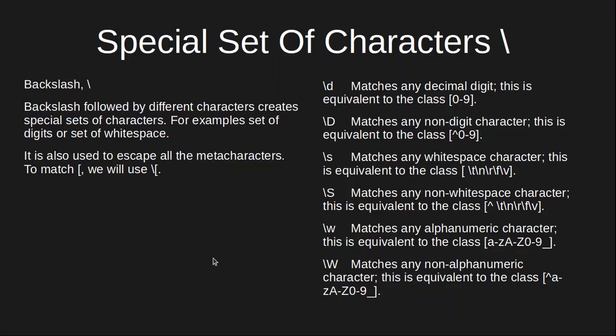Backslash followed by different characters creates special sets of characters. It's also used to escape all the meta characters. For example, to match a left square bracket, use backslash and left square bracket. Note that every special set of characters created with a lowercase letter has a version with the uppercase of the same letter, and the uppercase version is the complement of the lowercase version.